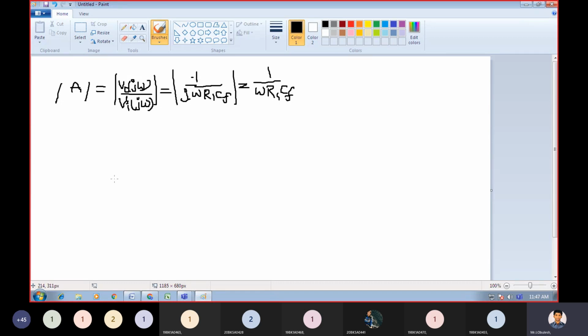Therefore, mod A is equal to 1 by, in place of omega, we need to substitute 2 pi f. Omega is equal to 2 pi f, right? Substitute that value here: 1 by 2 pi f R1 CF.